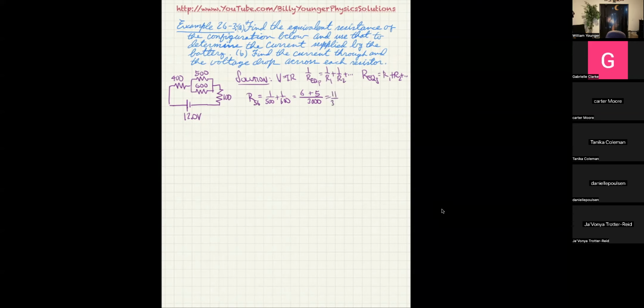So that's 11 over 3000, which means that R56 is really 11 divided by 3000. And that happens to be 0.0036667, keeping my classic 2 extra sig figs.